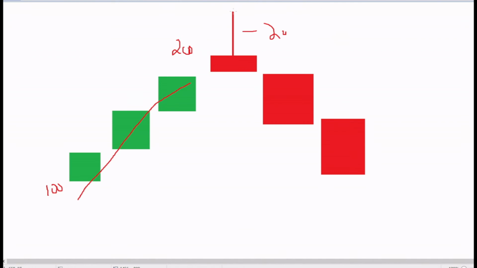Here, the end of this particular wick indicates that there are no buyers beyond this level at this point of time. That is why the prices have been brought down by the sellers, so that the buyers take it. But unfortunately there is no interest, and that is why you will see that the price keeps on going down until the buyers come back into the market, right? This is called as a shooting star.